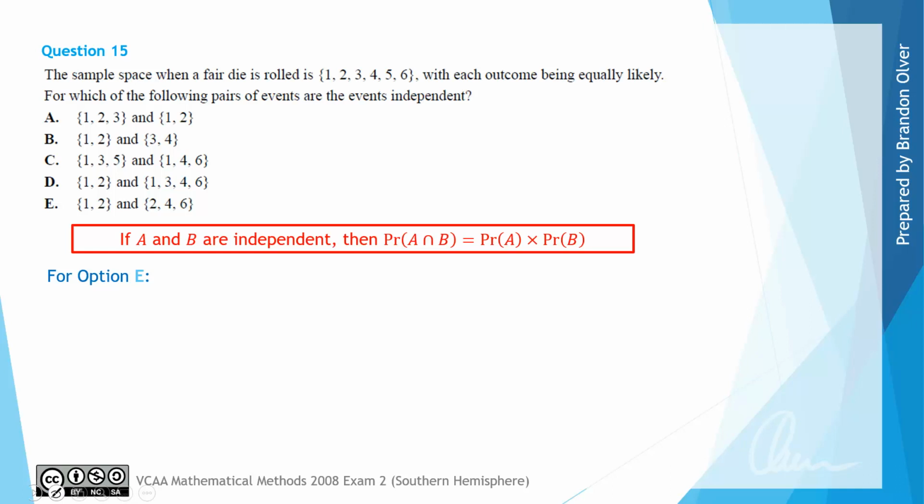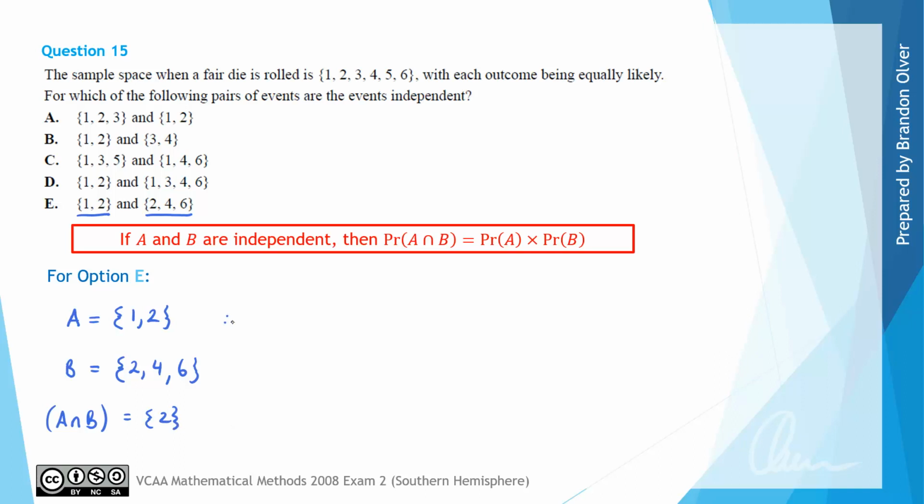So we're going to work through this one again. So A is going to be the set of 1, 2. B is going to be the set of 2, 4, 6. And that means that A intersecting B, we can work out any common elements, which is just the 2. So that is the set of 2.